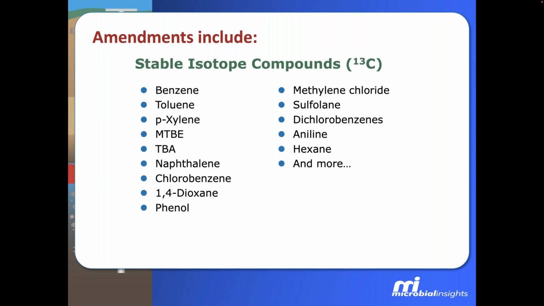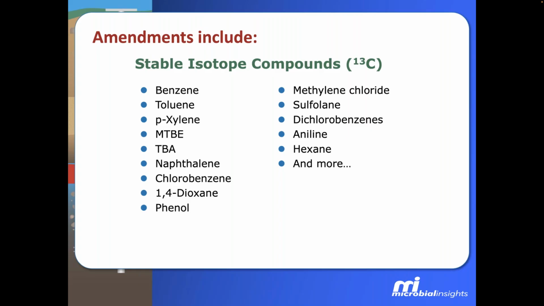This is just a partial list of many of the compounds that we've used for stable isotope analysis, everything from BTEX components to novel compounds like sulfolanes, dichlorobenzenes, anilines, etc., phenols, dioxane.